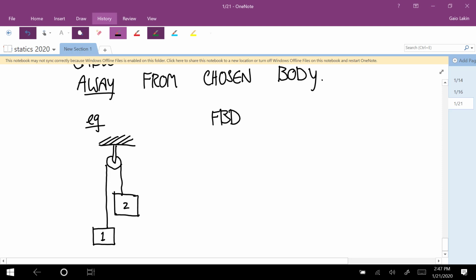Then a free body diagram of body 1. There's a weight force acting down. So that's M1 times G. And then the cable force is parallel to the cable where it connects to the body and away from the body, so that means it's this way.